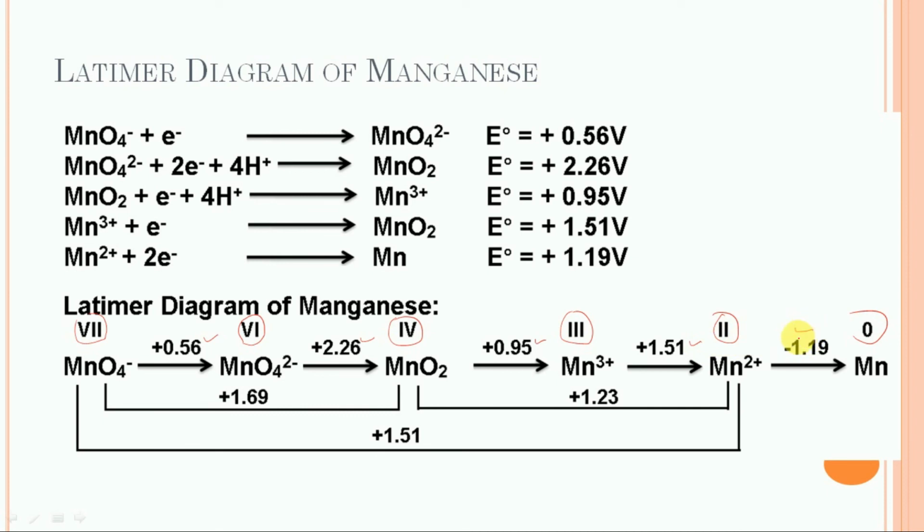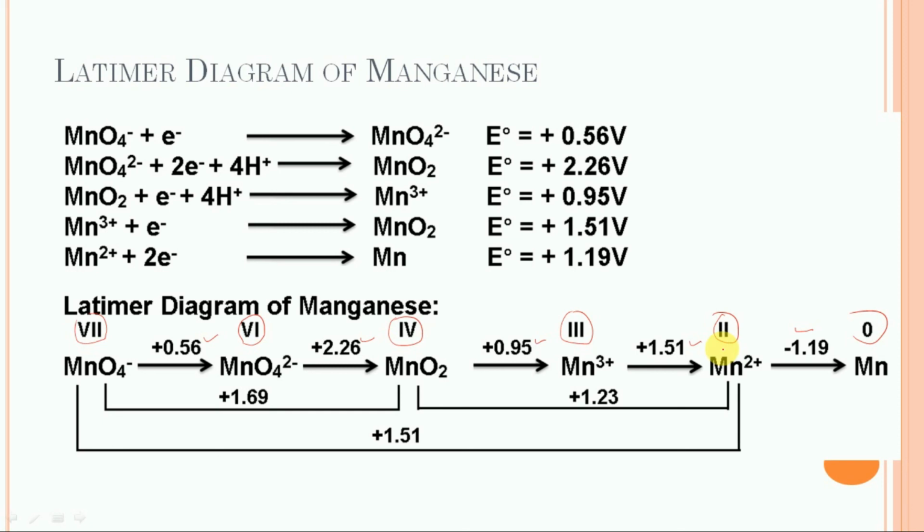Apart from these changes, three other changes are also possible. Manganese can change from oxidation state 7 to oxidation state 4 with electrode potential 1.69, and from oxidation state 4 to oxidation state 2 with electrode potential plus 1.23, and the electrode potential is 1.51 for the change from oxidation state 7 to oxidation state 2.